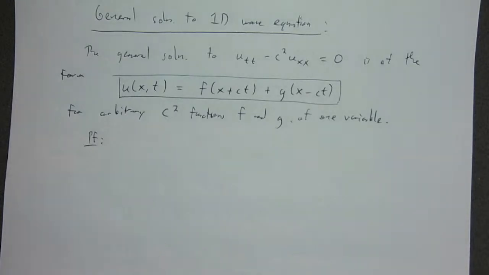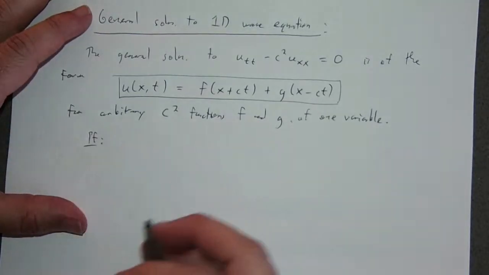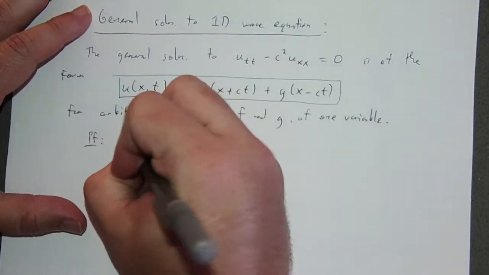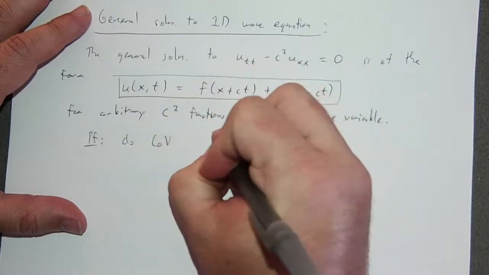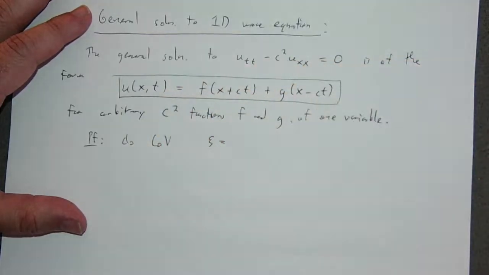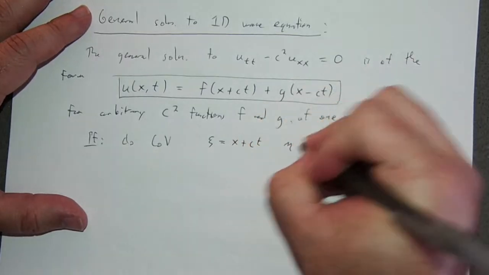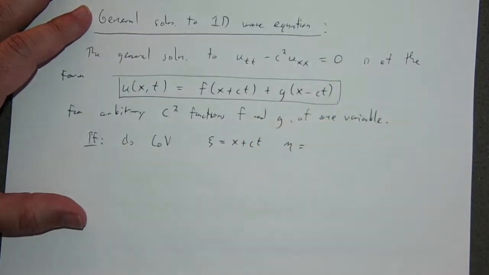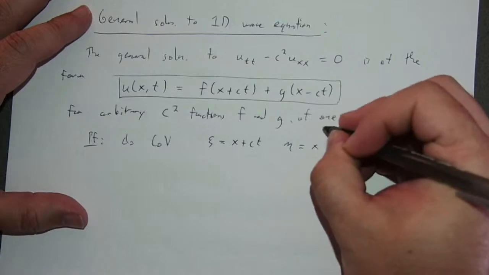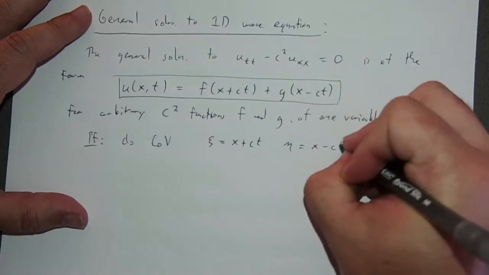So do a change of variables where xi will be x plus ct and eta will be x minus ct.